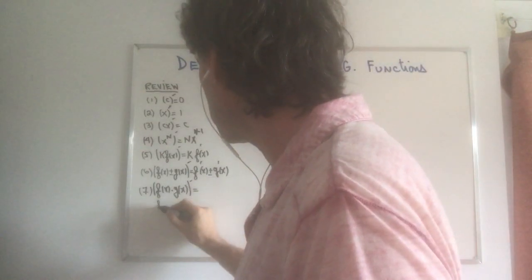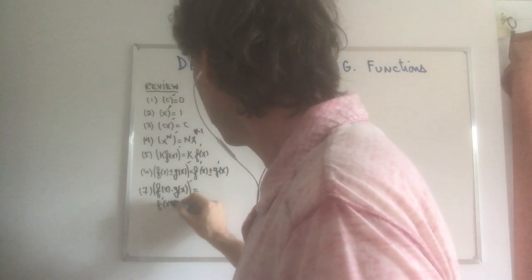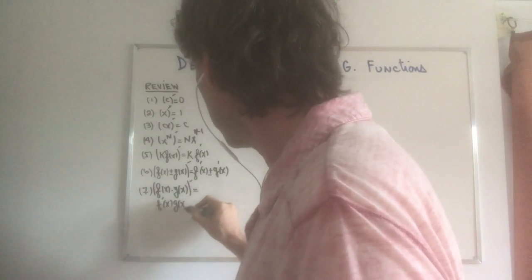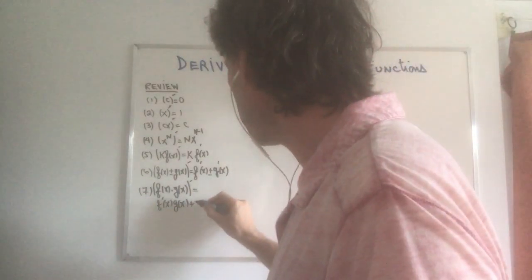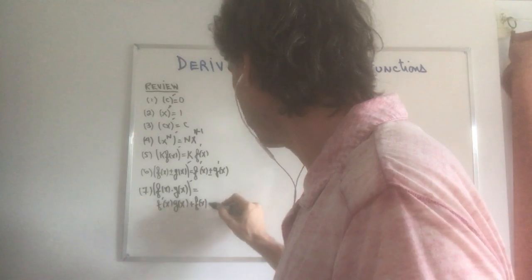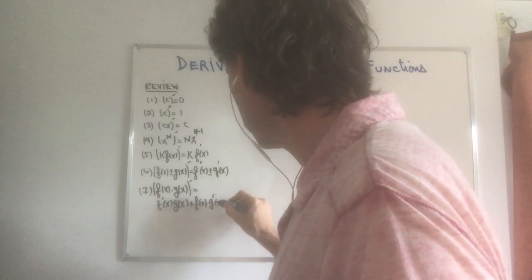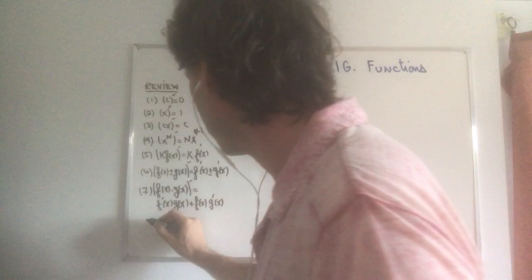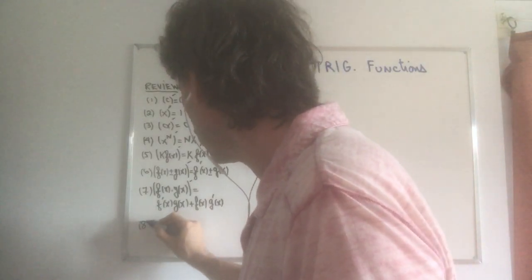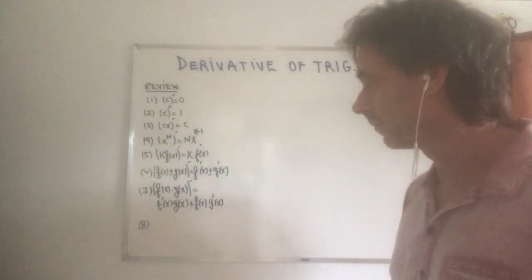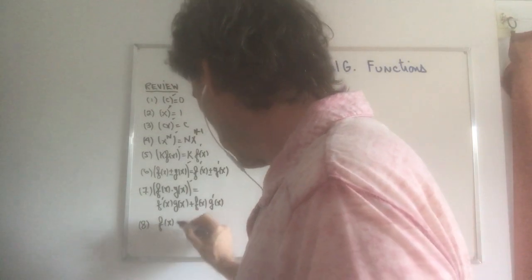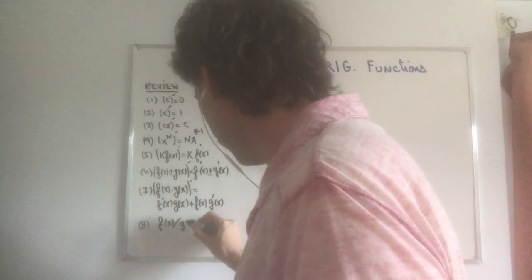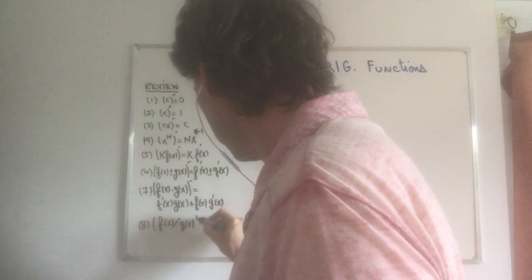So this is f prime times g, the derivative of the first times the second not prime, plus the opposite, the first not prime and the second one prime. That is known as the product rule, right? The rule of multiplication. And hence the latest one on the list, f over g all prime.